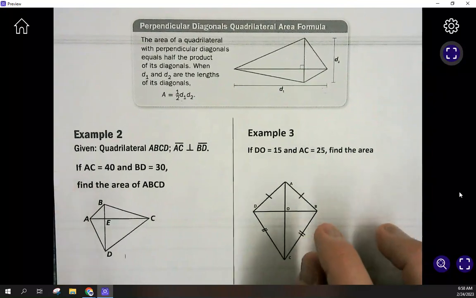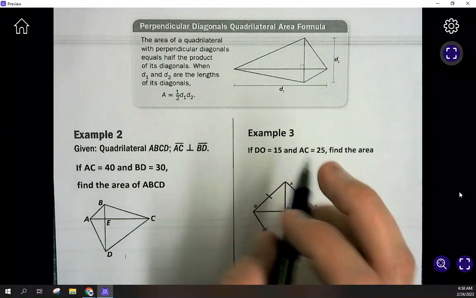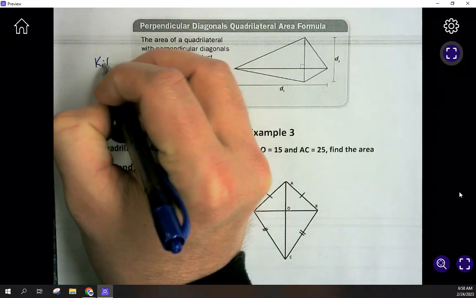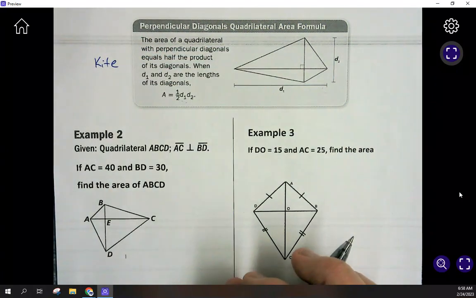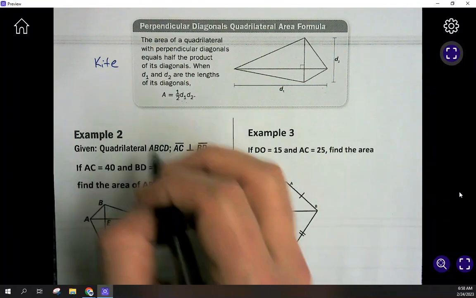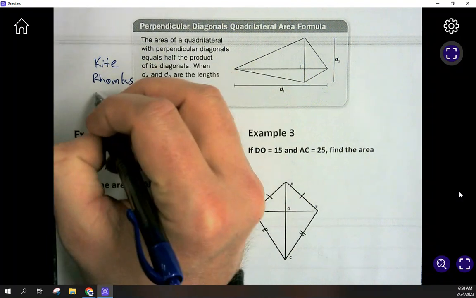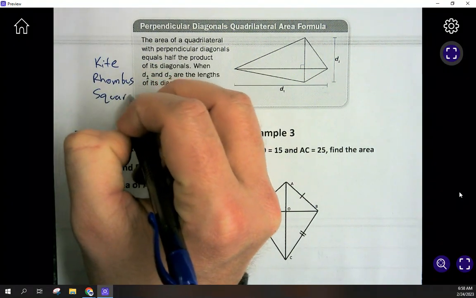Now, for our special quadrilaterals, we know there's 3 of them that do hit at 90 degrees, and it is a kite. Try and think back to that hierarchy that we had. What was underneath the kite was a rhombus, and underneath the rhombus was a square.